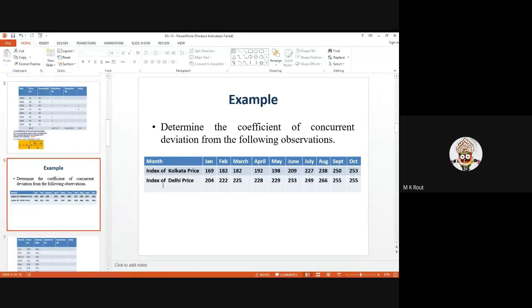The index of Delhi price is 204, 222, 225, 228, 229, 233, 249, 266, 255, and the last one also 255. Calculate this one.